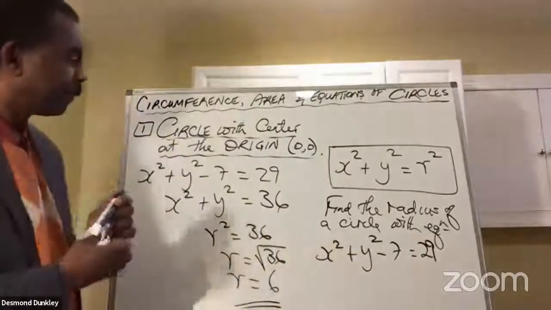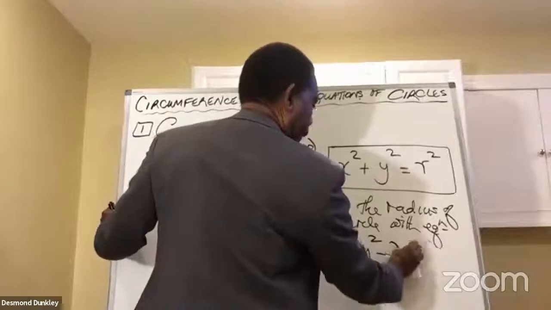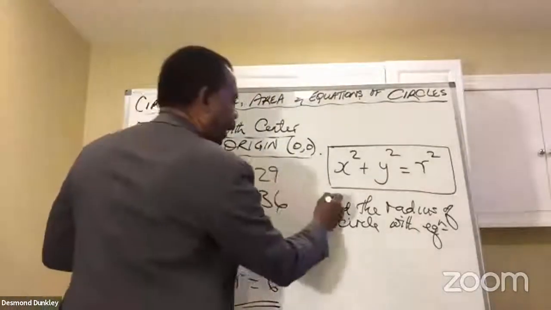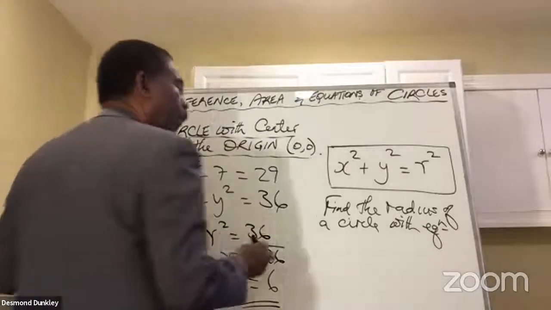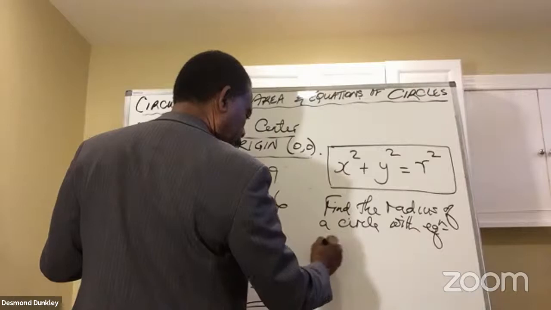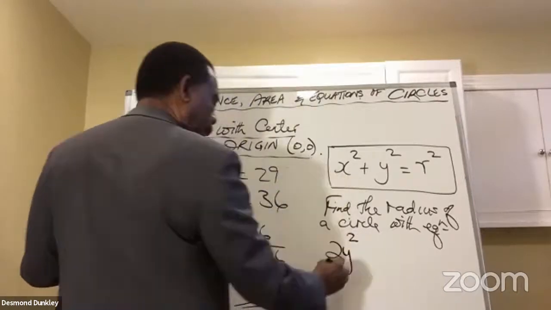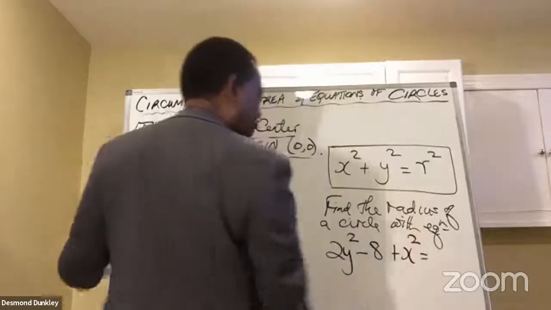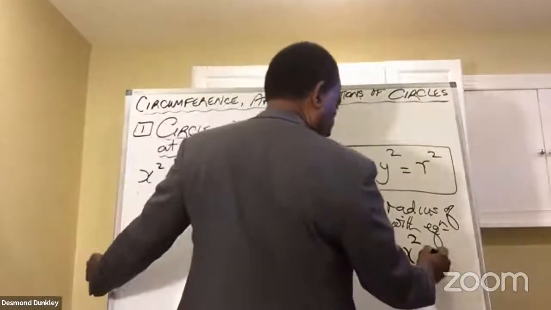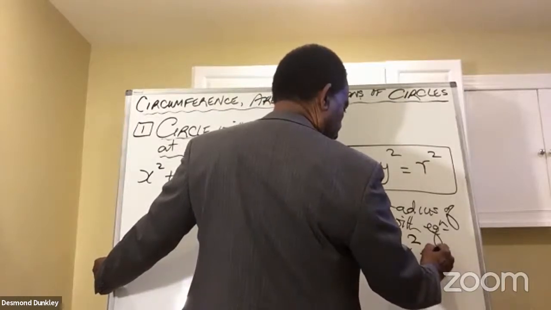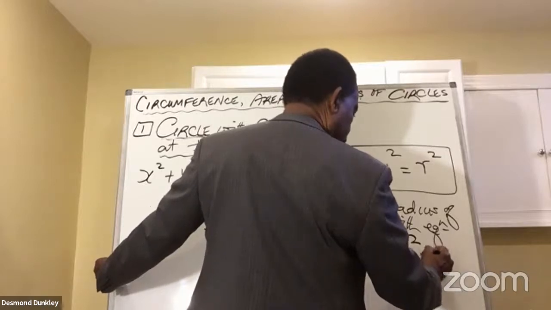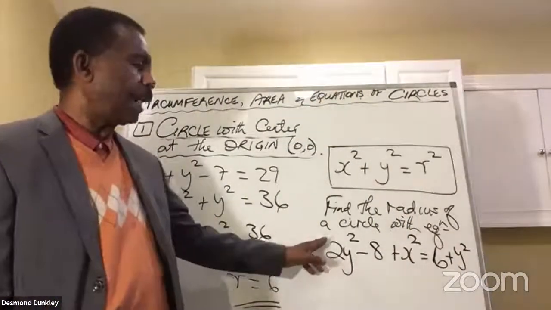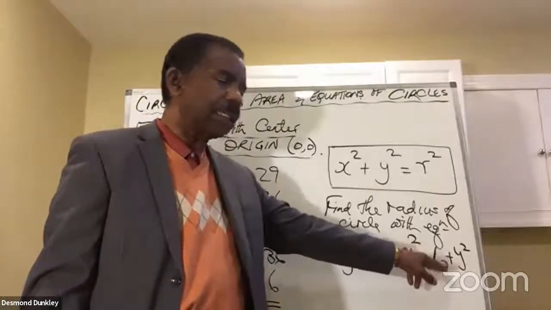Okay? Let's try another one. Find the radius of a circle with equation 2y squared minus 8 plus x squared equal to 6 plus y squared.